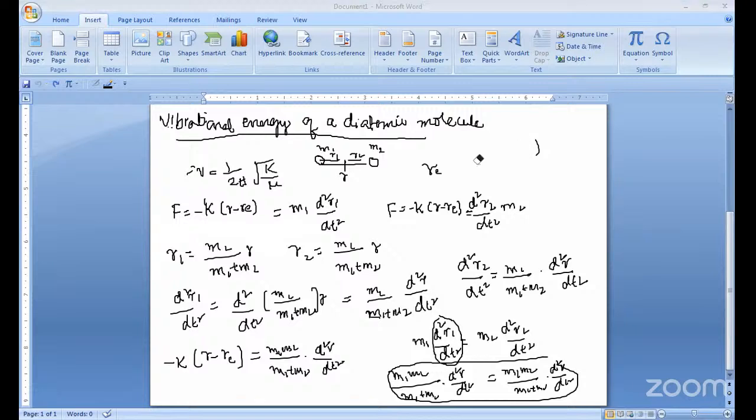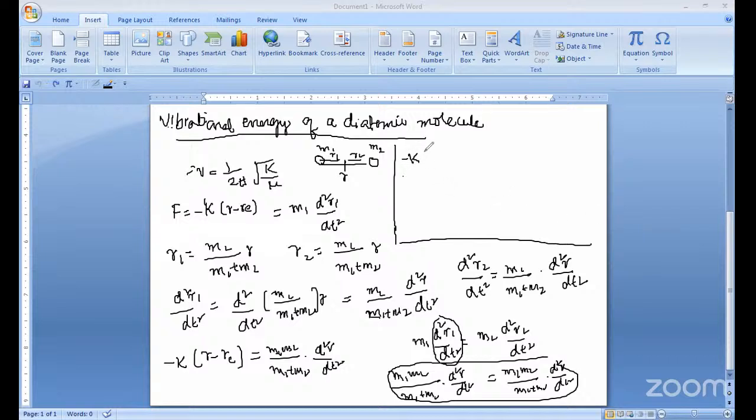So that equation we can write as minus k into R minus RE, which equals this M1 M2 by M1 plus M2, which we will be calling the reduced mass.